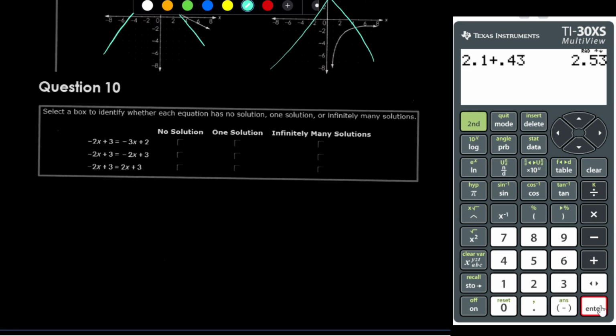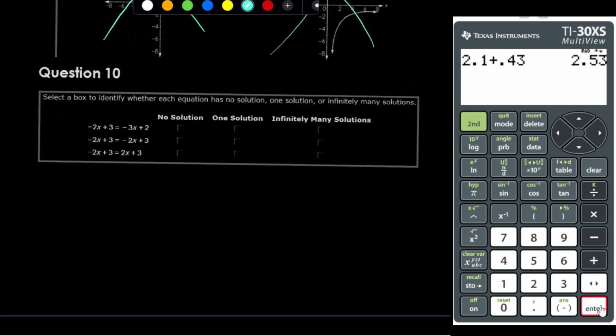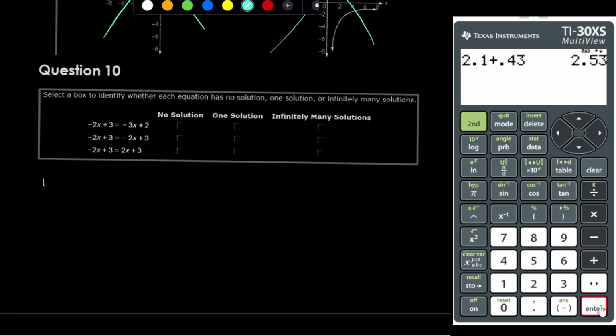Question 10. Select a box to identify whether each equation has no solution, one solution, or infinite solutions. Okay? So here's what we're going to do. Remember, if you are doing your steps, remember, don't call me after midnight. Don't call me after midnight. Distribute.